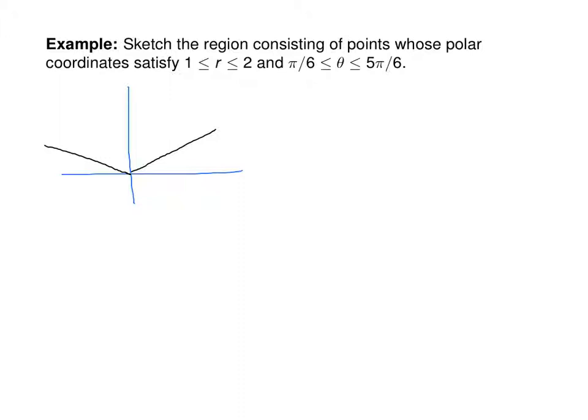And we're looking for all the points whose radii are between 1 and 2, and within that angle away from the origin. So if this is the distance of 1, and this is the distance of 2, we get an arch, or part of a circle. Those are all the points that satisfy both of those.